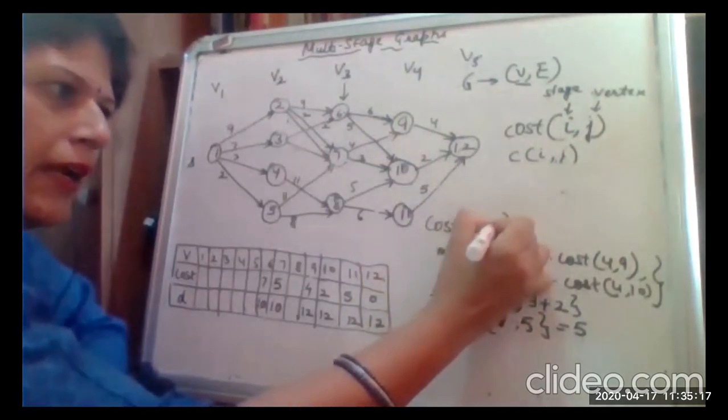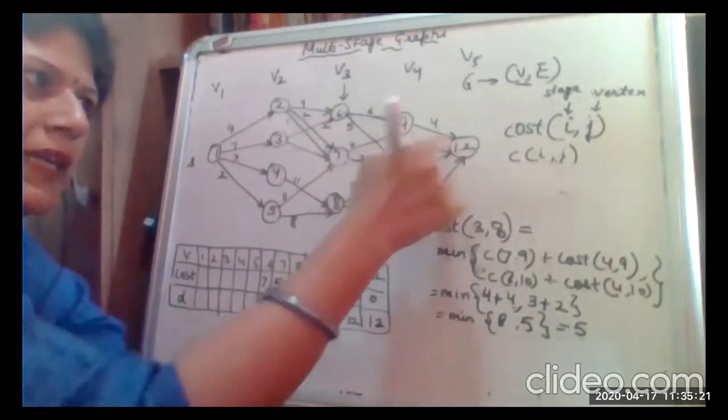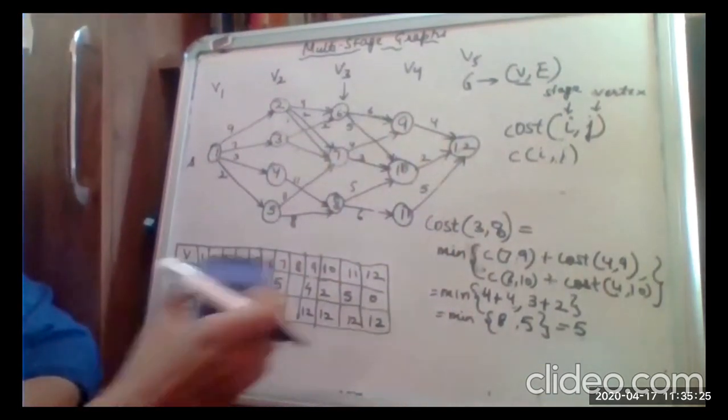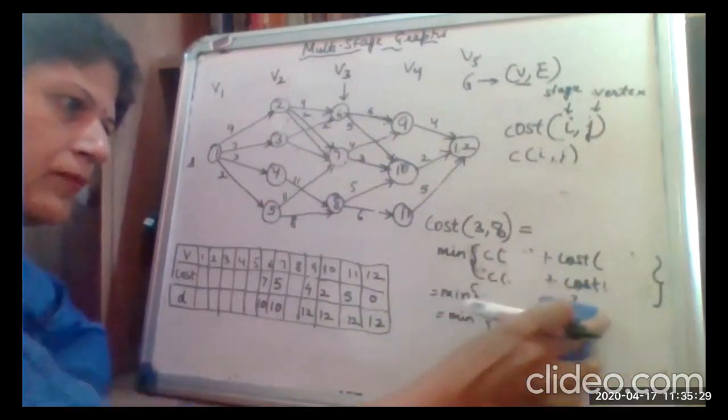That is the 8th vertex. At the stage 3, you have the path from 10 and the path from 11. Yes, so this one we will change.